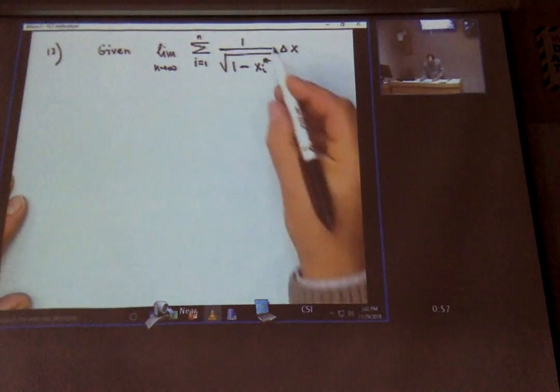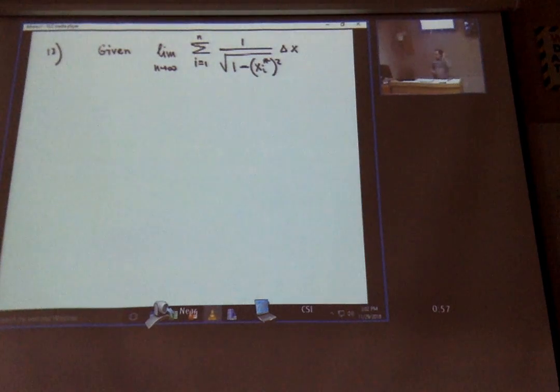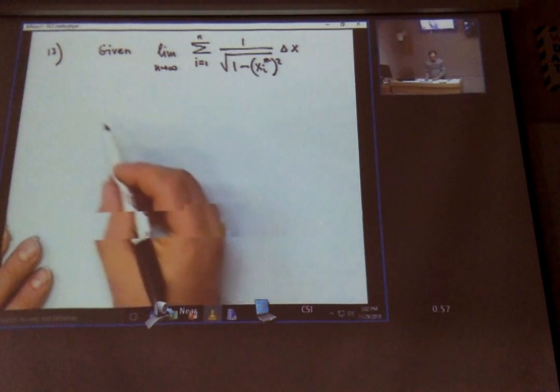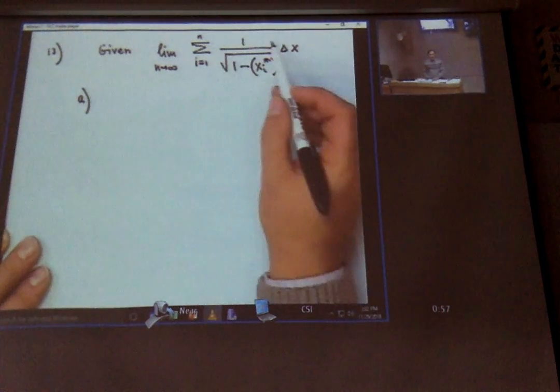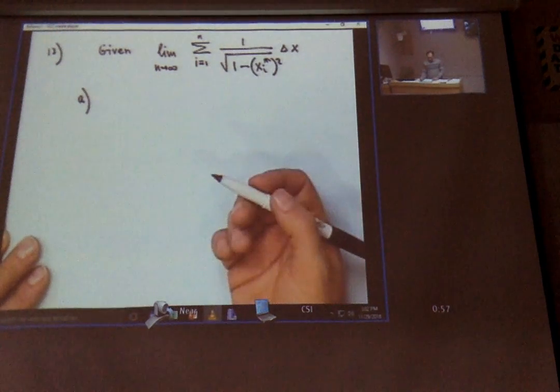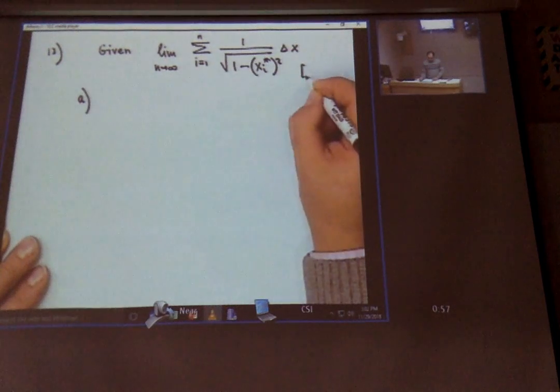So I have this limit of a Riemann sum. Now, it's not just f of x, I actually have a real function inside. And question A will be to express this limit of a Riemann sum as an integral on the interval from 0 to 1.